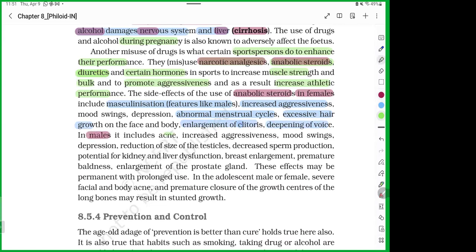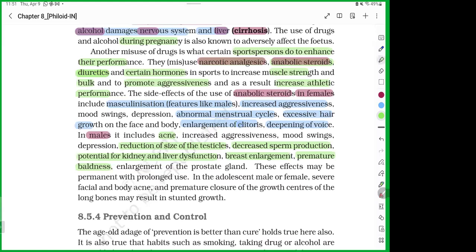Males can have acne, females can also have acne. Aggressiveness is the same, mood swings are the same, depression is the same. Testicle size will reduce, sperm production will reduce, kidney can be damaged in both, liver damage can occur in both, breast enlargement in case of males, premature baldness, which you have seen in many people in recent times, correct?